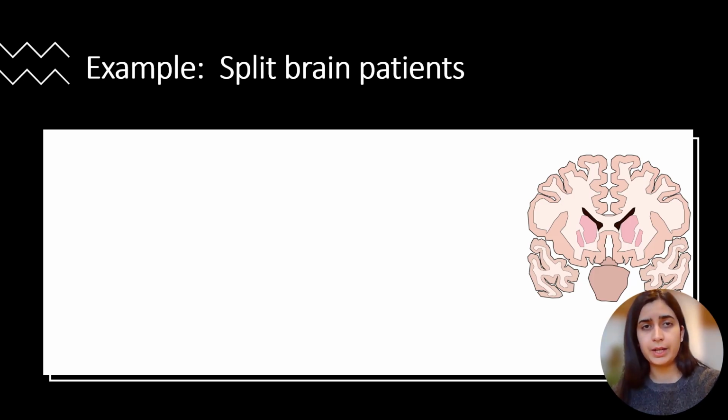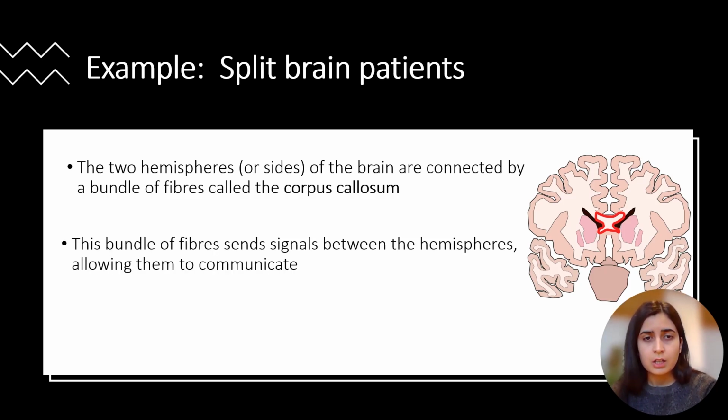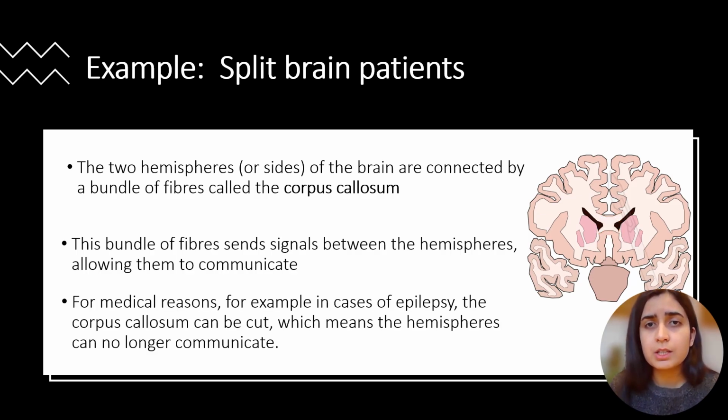The two hemispheres of the brain are connected anatomically by a large bundle of fibers called the corpus callosum. These fibers allow the two hemispheres to communicate by sending signals between them. In some people, a medical procedure is performed in which the corpus callosum fibers are transected.